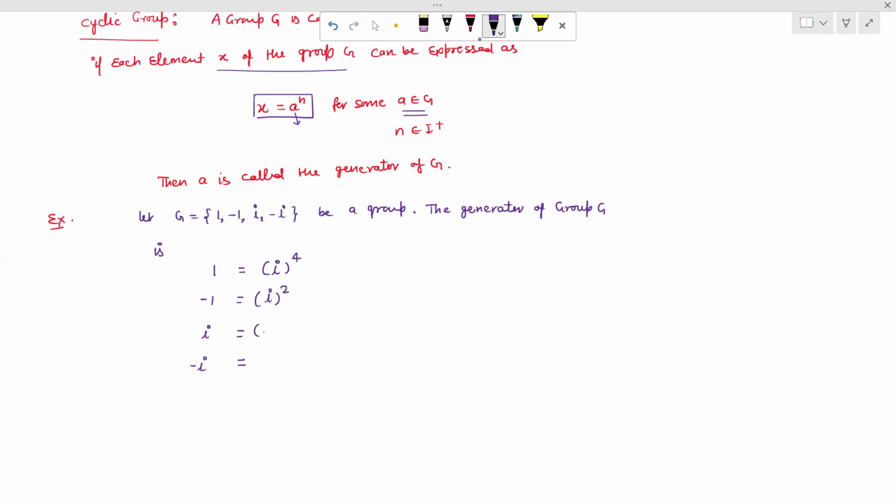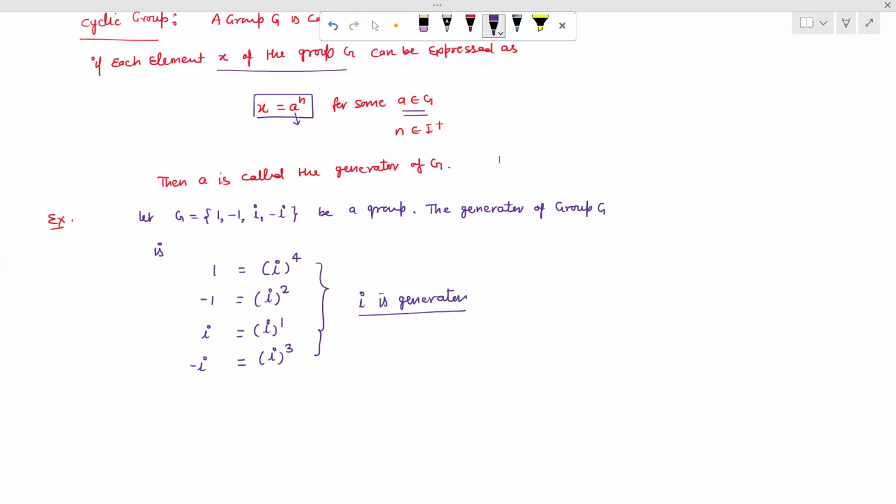Now third, iota raised to the power 1 gives iota, and iota cubed is iota square into iota equal to minus iota, so power is 3. So we see that iota works as a generator. Iota is the generator.